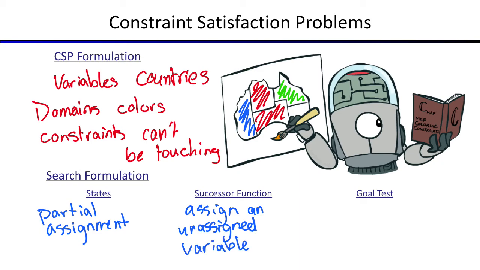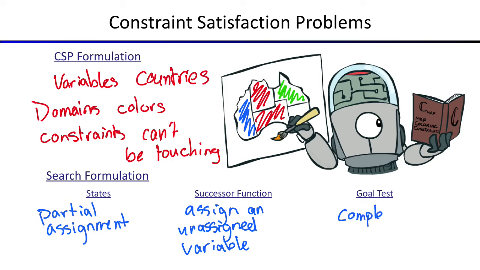And then what would be the goal test? It needs to be a function that takes in a state and says, yes, this is a goal state, or no, it's not. We need to keep searching. What would that look like in this case? What was that? Is the map full? Okay, that's one piece of it. Right, so the two parts are, is the map fully colored, and are any constraints violated?